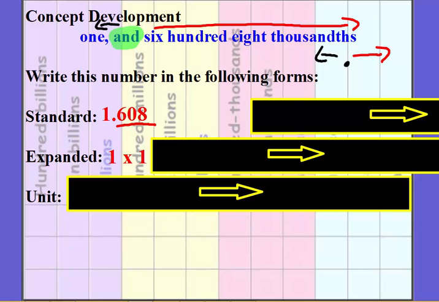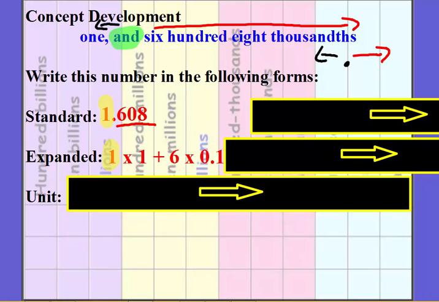You'll notice I have 1 whole, so I'm still going to show that one thing. My 1 whole, and there's only 1 of them. Then I'm going to my tenths. My tenths are my next units over. So I have 6 tenths. So I'm doing 6 times 1/10. You'll notice, though, I do not have any hundredths.